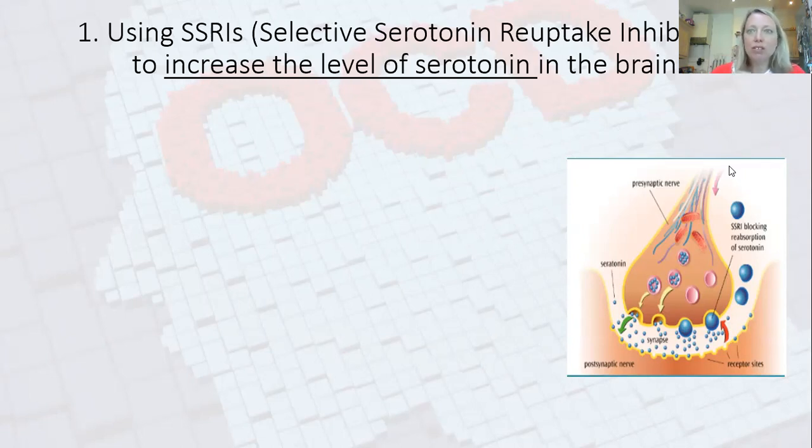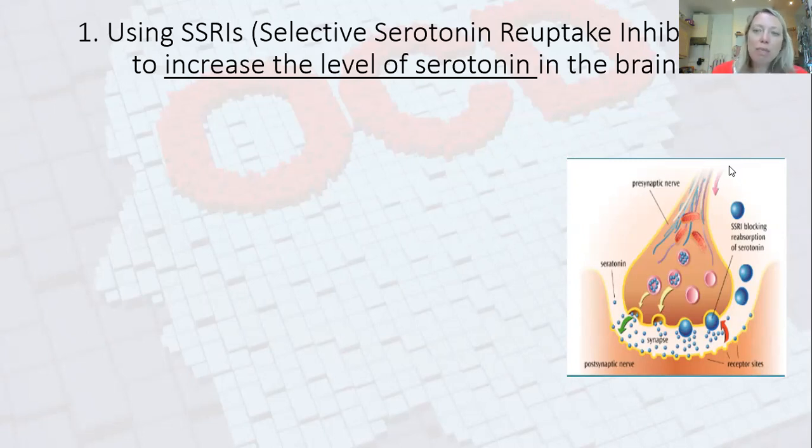So the biggest treatment we have for OCD is using an SSRI. It's really important to learn and remember that an SSRI stands for a selective serotonin reuptake inhibitor.